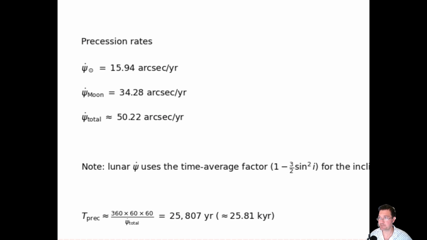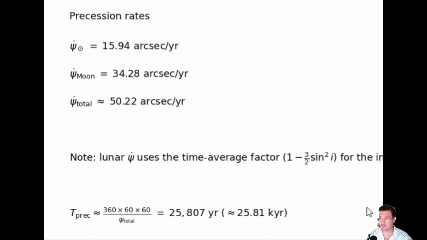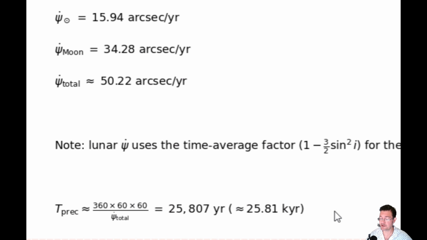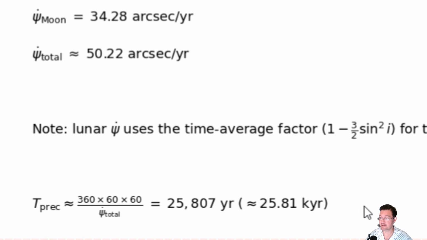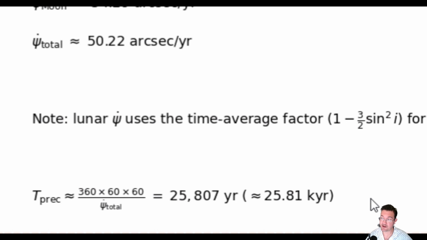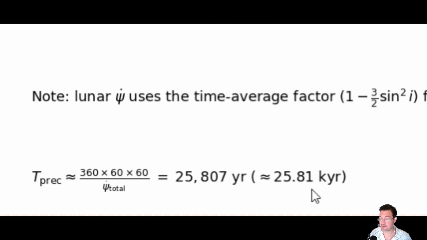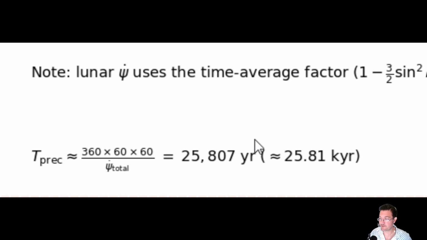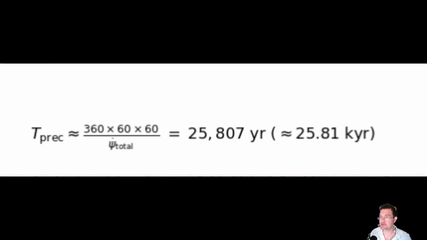Kind of this back of the napkin calculation here is very, very close to the full, more nuanced calculation that factors in a bunch of other things, of about 25,700 years. So just with this, we can get the full precession of the equinoxes wobble time frame of 25,800 years just doing this one calculation.